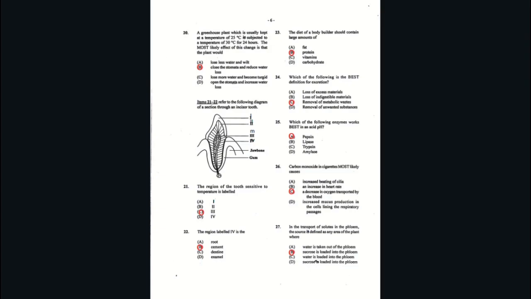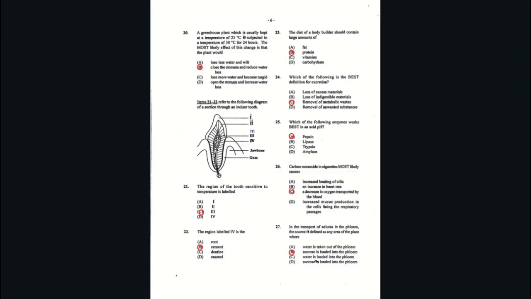And then number 27, in the transport of solutes in the phloem, the source is defined as any area of the plant where sucrose is loaded into the phloem, right? This reminds me of the phloem theory or the translocation theory, whatever you call it.